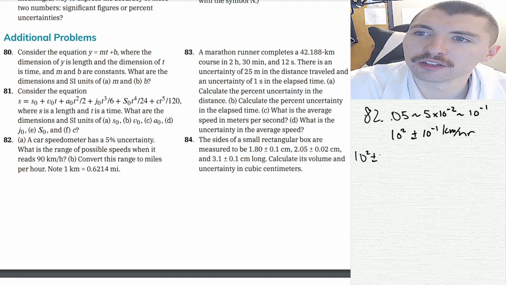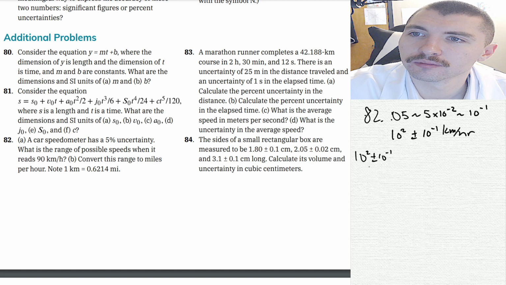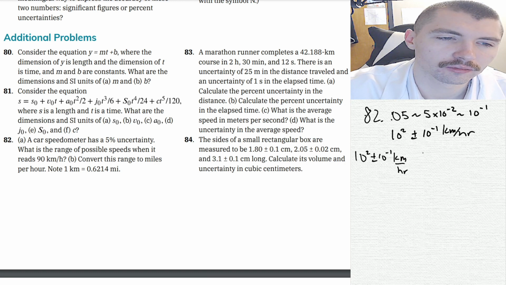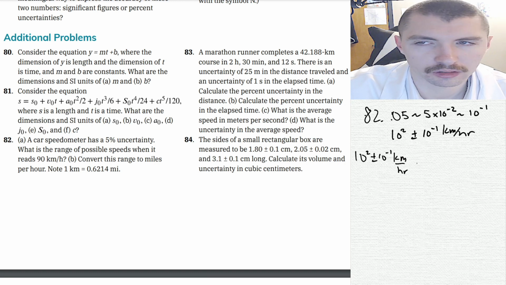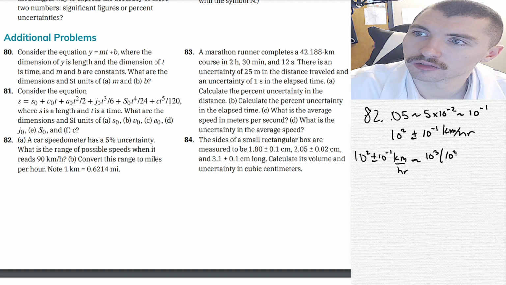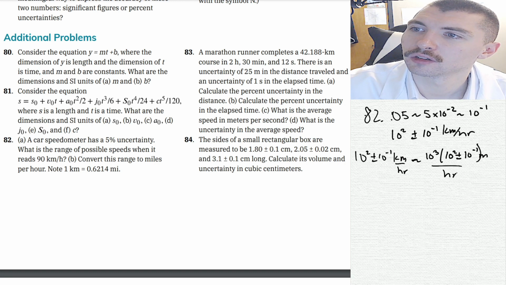10 to the 2 plus minus 10 to the negative 1. So you want it in, okay, so this is about the same thing as 10 to the 3 an hour.